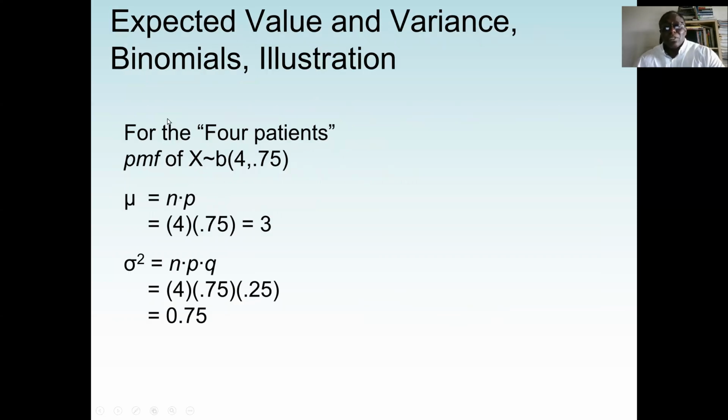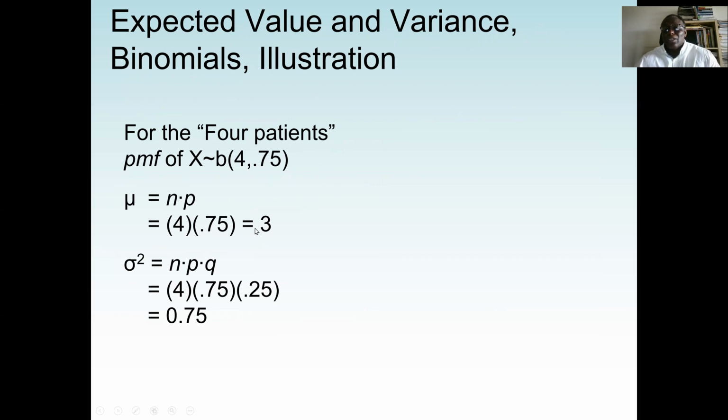So this is an example, the same question again for patients. We already know that the total number of tries is 4 patients, so n is 4, and the probability of success was 0.75. If the question says we should find the expected value, then it will be n times p. n is 4, p is 0.75, which gives us 3.